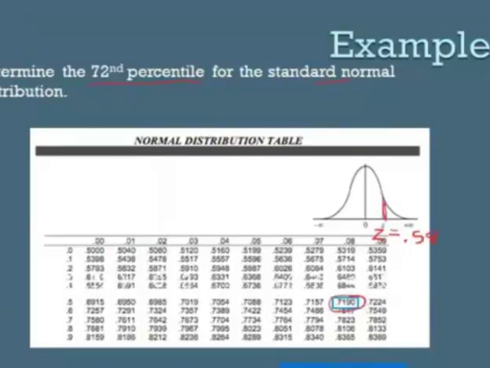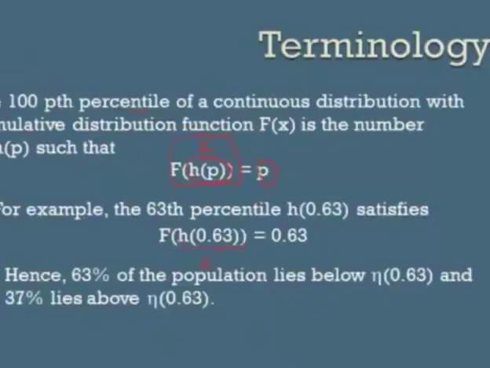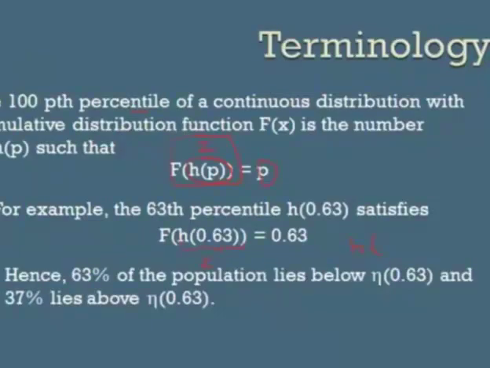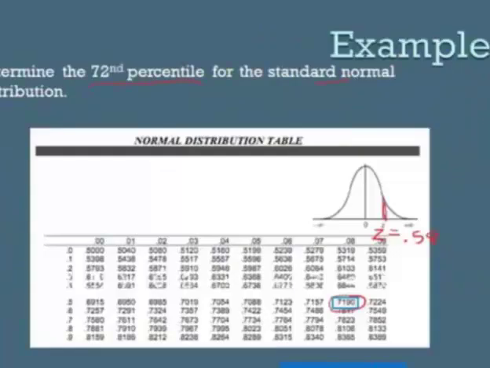So if we go back, this h of 0.72, or eta of 0.72, is just going to be equal to 0.58.